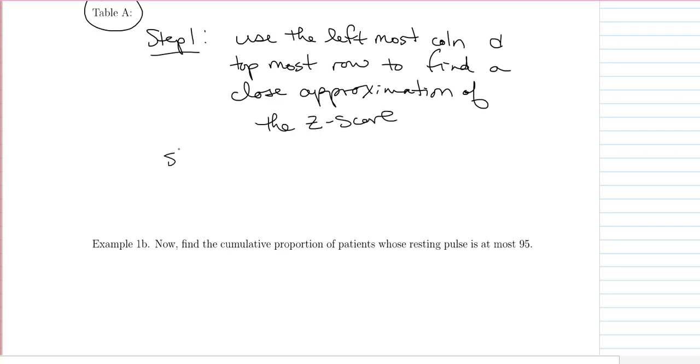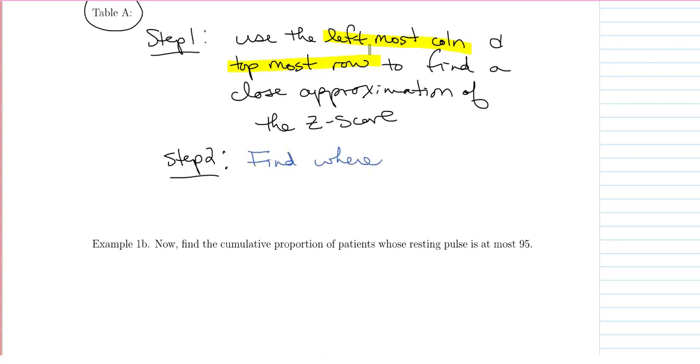Step 2: once we've found that close approximation of the z-score, find where the leftmost column and the topmost row intersect.